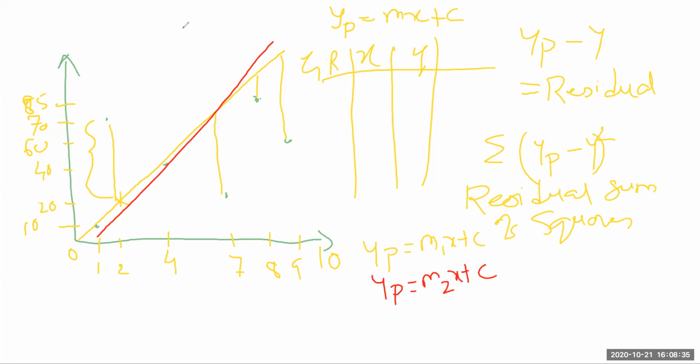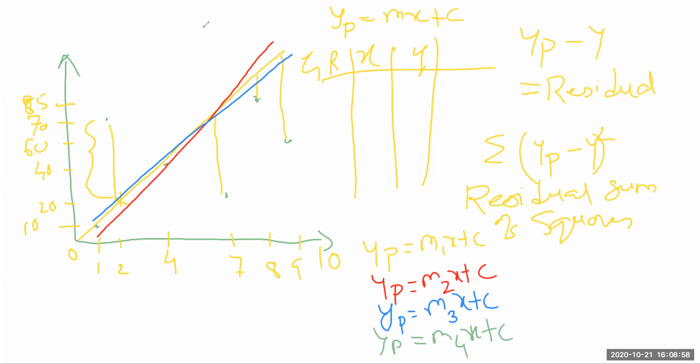I have yp equal to m3x plus c, a different slope, so it could be this way. I may have yp equal to m4x plus c, and this could be this way.